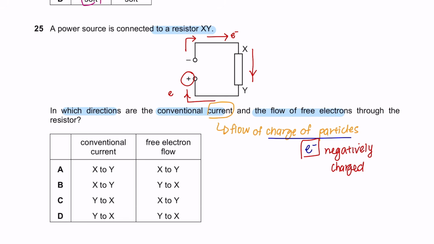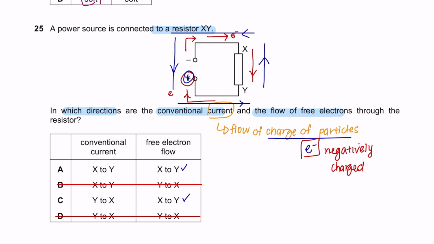That means the electrons flow in this direction, which is X to Y. However, when electricity was first discovered, electrons had not yet been discovered, so scientists thought that it was the positive charge that was flowing around the circuit in this direction, and we call this the conventional current. So the conventional current is from Y to X. So the answer here is C.